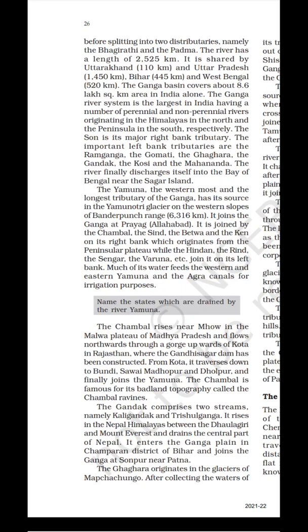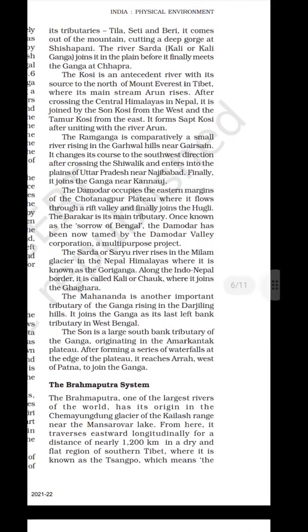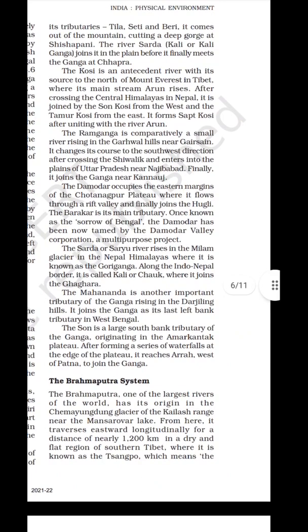The Ghaghara originates in the glaciers of Mapchachungo after collecting the waters of its tributaries Tila, Seti, and Beri. It comes out of the mountain, cutting a deep gorge at Shishapani. The river Sarda, Kali or Chauka, joins it in the plain before it finally meets the Ganga at Chapra.